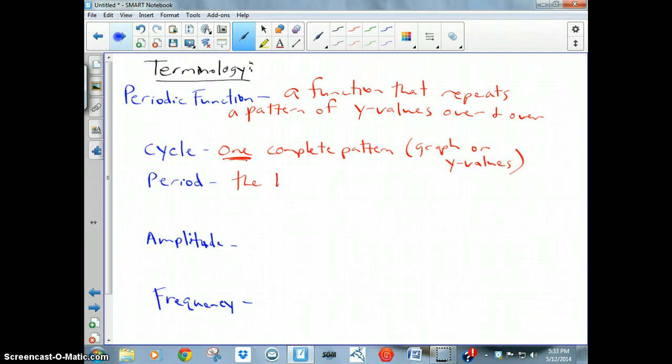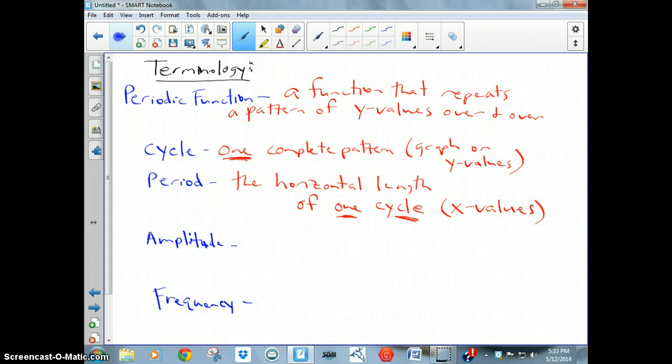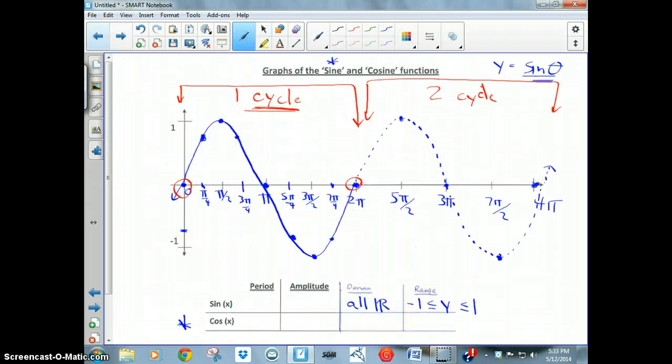Now, period. Period is the horizontal length of one cycle. It's basically the x values, how far the x values go for one cycle. Now I'm going to go back and do a little color coding. Our solid line is one cycle. It starts at 0, and I'm going to shade this in green, so hopefully you can see it on the video, and it ends at 2 pi.